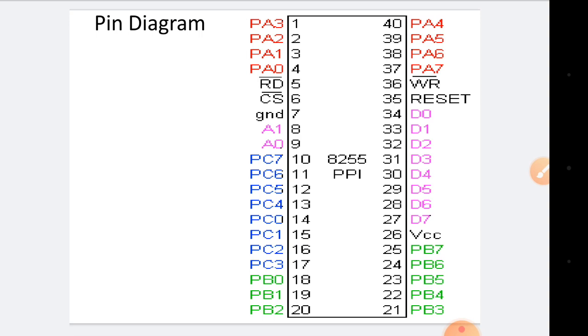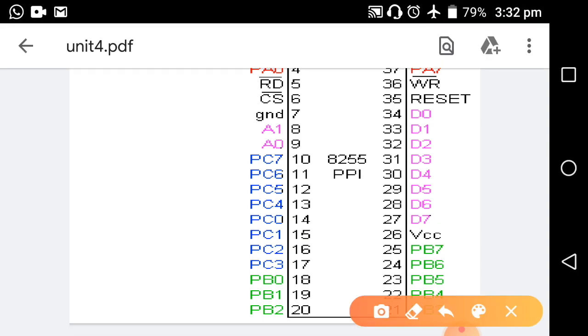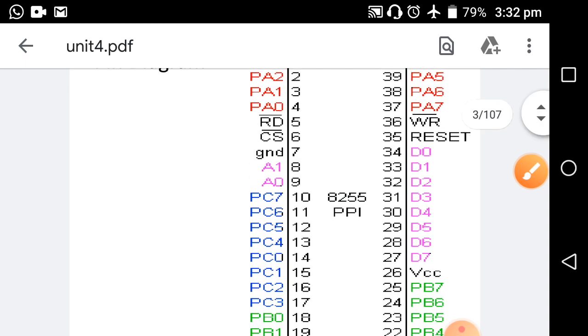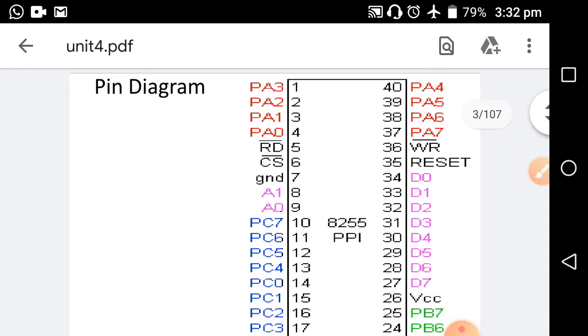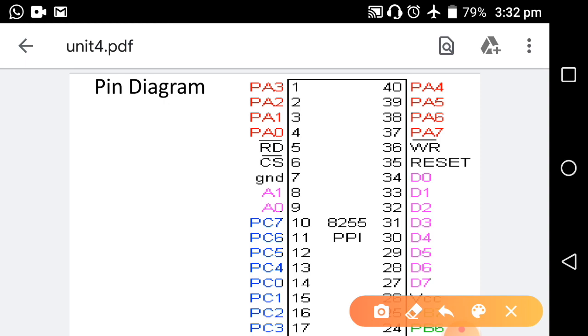The IC is a 40 pin IC in a dual in-line package. Dual in-line package means the IC has pins on only 2 sides, starting from the top of the left side with pin number 1, and the top of the right side is pin number 40.